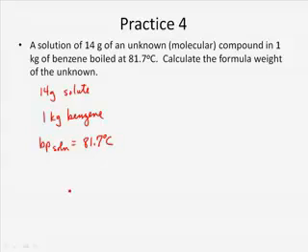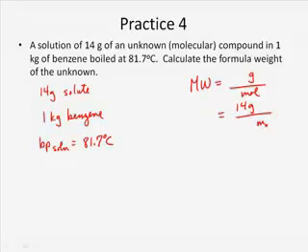And what I want is the molar mass, which, remember, has units of grams per mole. Well, I know my grams. I have 14 grams of my solute. So what I need to know is how many moles that relates to, given this information? Well, we know that our change in the boiling point is the molality times the boiling point constant.